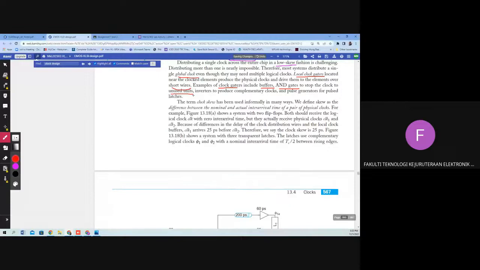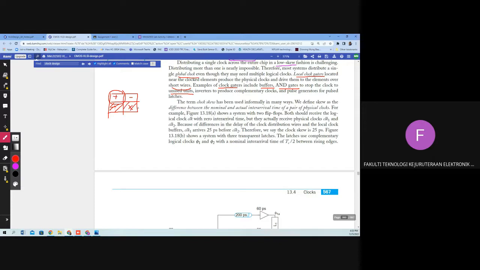So we don't use all units inside the chip. Maybe this is our chip, and we have 4 portions, for example: an adder, a subtractor, a multiplier, and a divider. Maybe we want to use the adder at a time, so we turn off the others by using the clock gator.